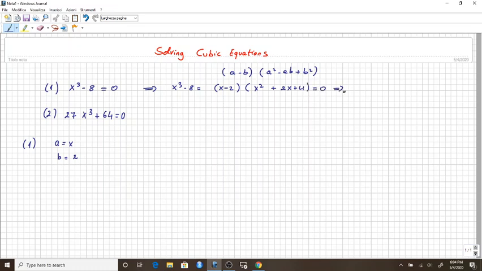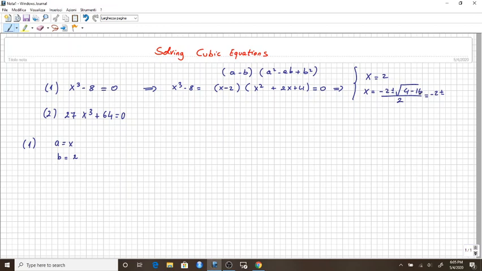And then from here, one solution is clearly x equal to 2, and for the other ones you use the quadratic formula, which is negative 2 plus and minus the square root of 4 minus 16, divided by 2. So this is going to be negative 2 plus and minus the square root of negative 12. I'm going to do this quickly because it's very similar to what we did previously.